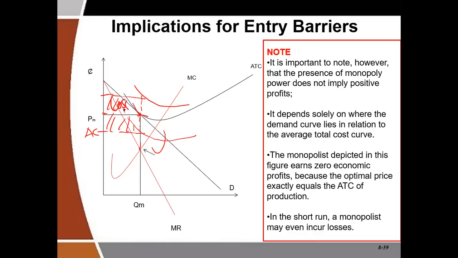So here is losses. And once the average cost curve lies below the price, you make profit. Okay. So monopolies don't always make profit as we think. It will depend on where the average cost curve lies. And I've shown you that.